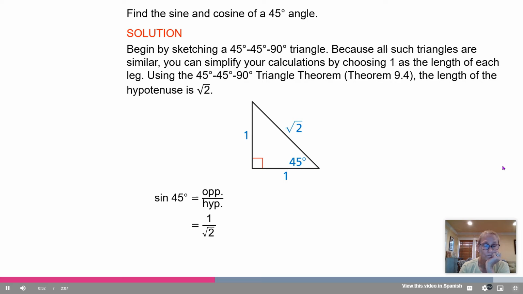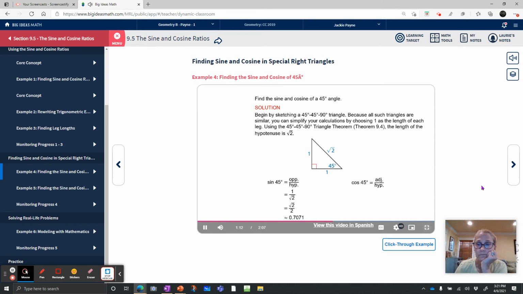To write your answer in simplest form, multiply 1 divided by the square root of 2 by the square root of 2 divided by the square root of 2. This gives you the sine of 45 degrees equals the square root of 2 divided by 2, which is approximately equal to 0.7071. The cosine of 45 degrees is equal to the length of the adjacent leg divided by the length of the hypotenuse.